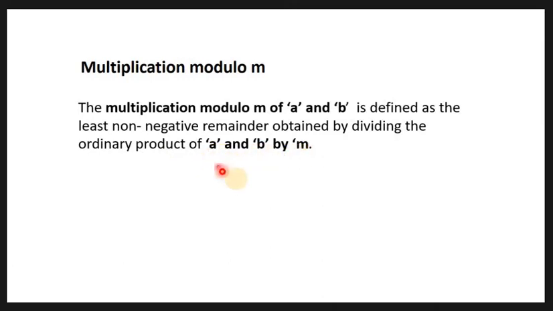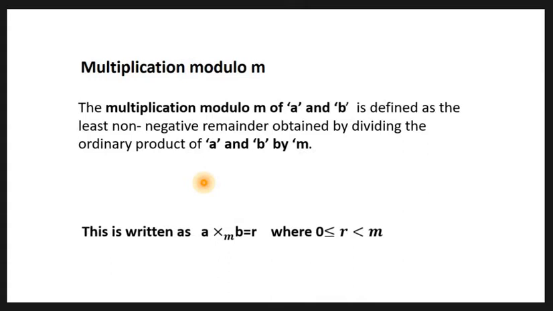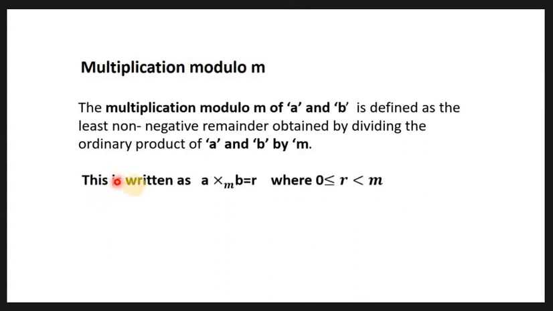That means the ordinary product of a and b is divided by m and that remainder is considered, and it is written as a multi mod m b is equal to r, where r is the remainder which is lying between 0 and m. That means r is always greater than or equal to 0 and less than m.